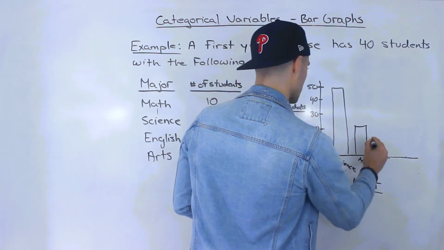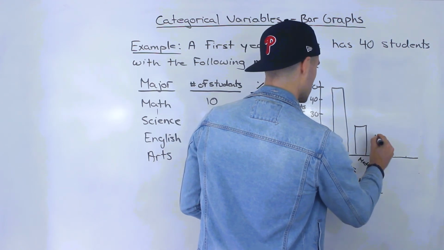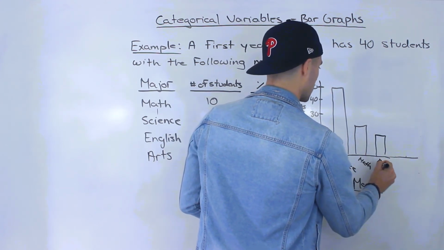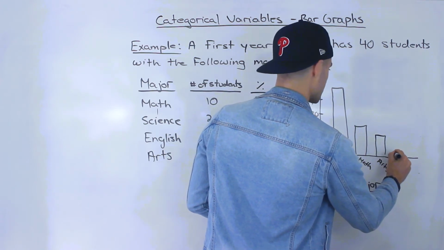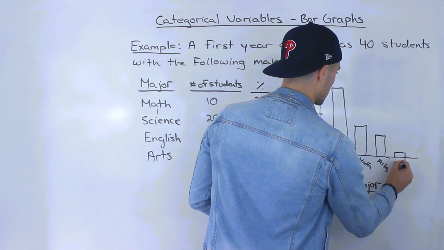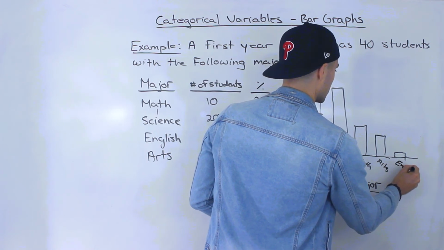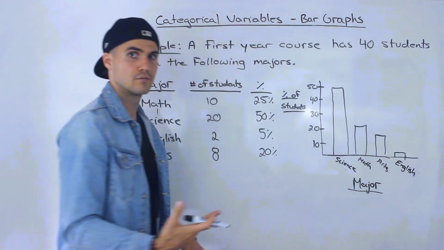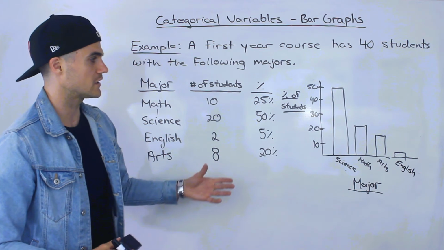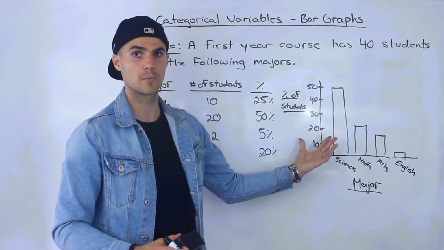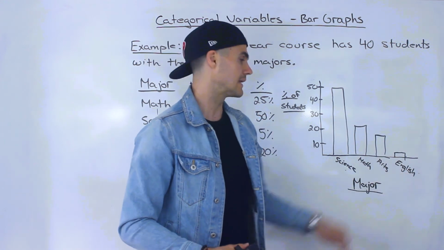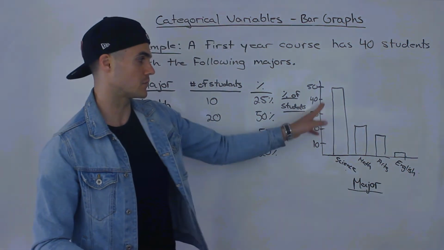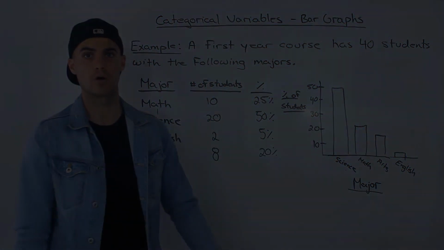And then we would have arts at 20. Right there. And then English would be at 5%. So because we only had 4 variables in this example, it wasn't too big of a deal. We could tell which one was the dominant one pretty easily. But if you have a bunch of categories, then sometimes rearranging it from largest to smallest is more helpful.